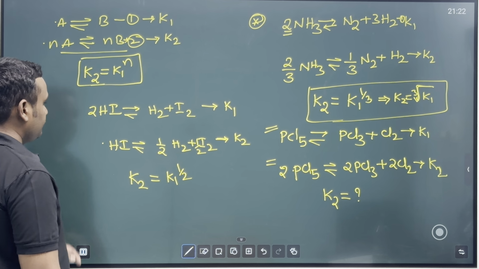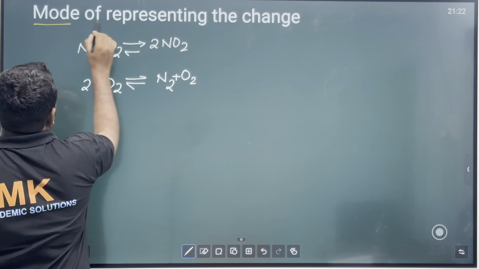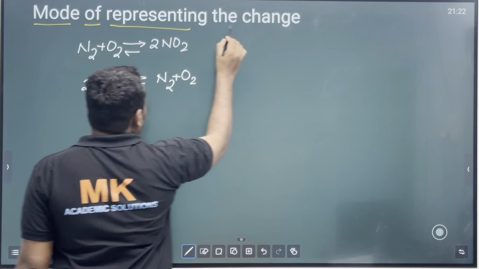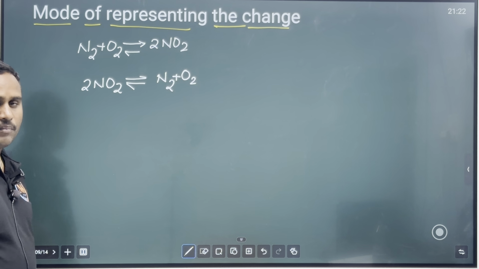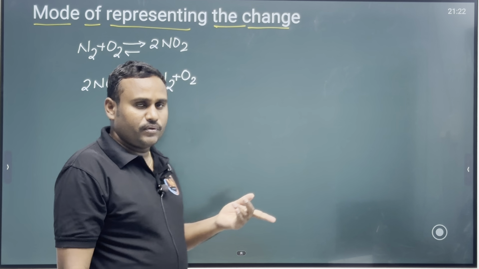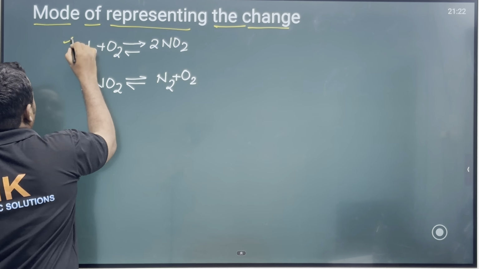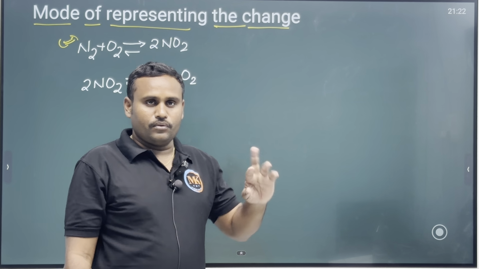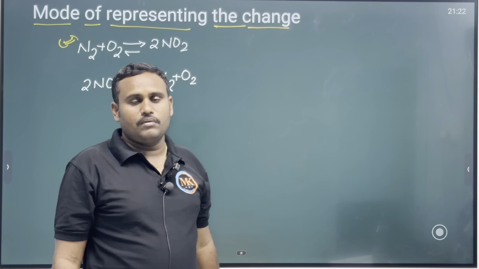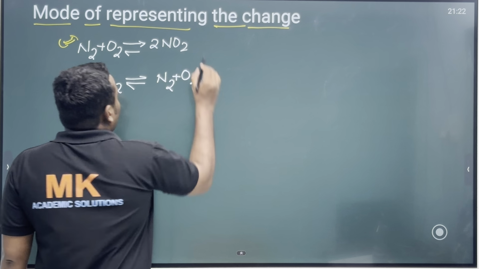Next one, mode of representing the equation. The same chemical reaction, the same chemical change, we are going to represent in a different manner. Means here we are not going to change the stoichiometric coefficient. Here what we are going to do is inverse the reactions.